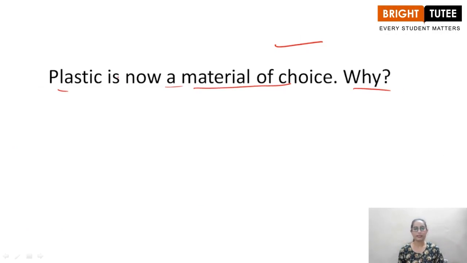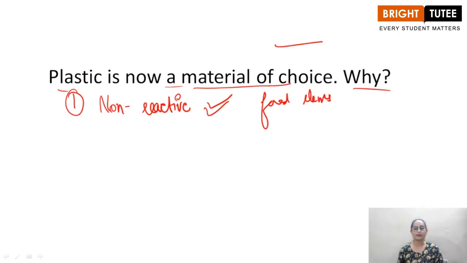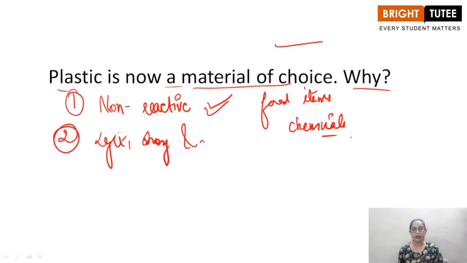Plastic is now a material of choice. Why? So basically you have to list down some features of plastics which make it better for use in our daily lives. So the first one is that plastic is non-reactive. So basically it is non-reactive, and hence we can put our food items in it, different chemicals in it. So basically due to its non-reactivity, it is useful. Secondly, it is light, strong and durable.